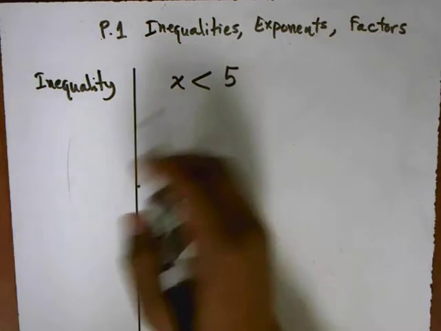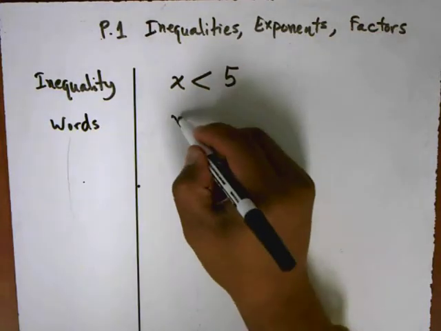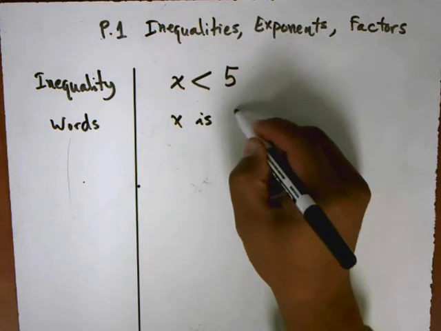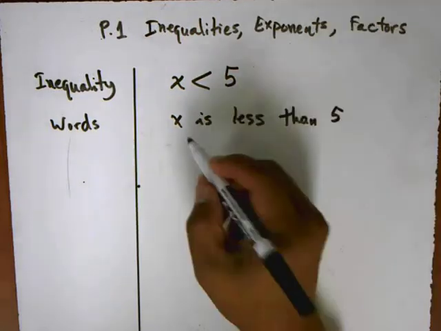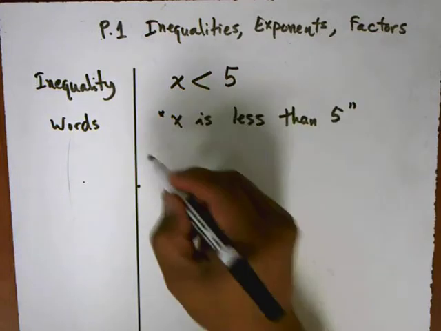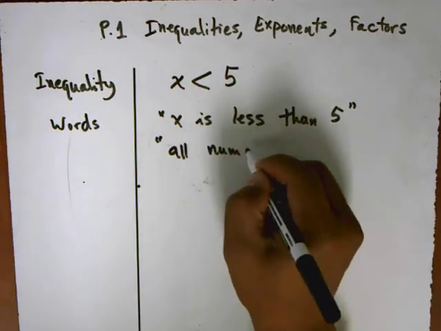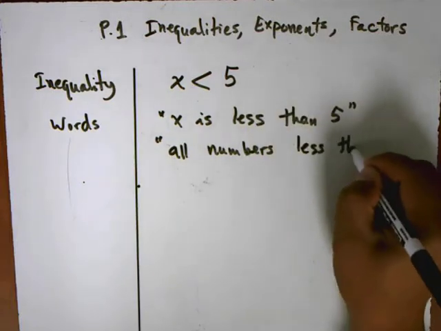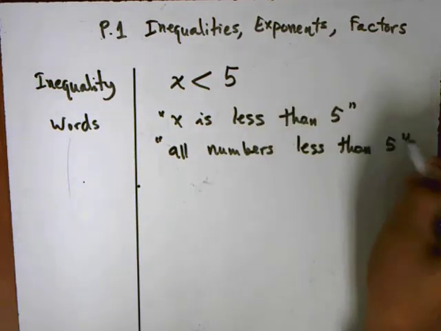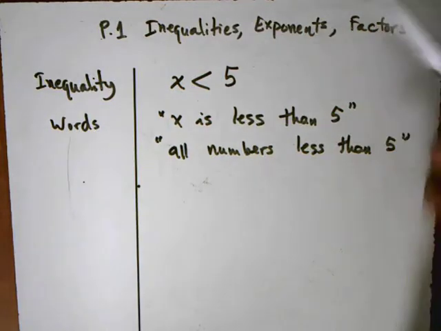We can write this in words: x is less than 5, or we say, "all numbers less than 5." And we can also do this using mathematical symbols.